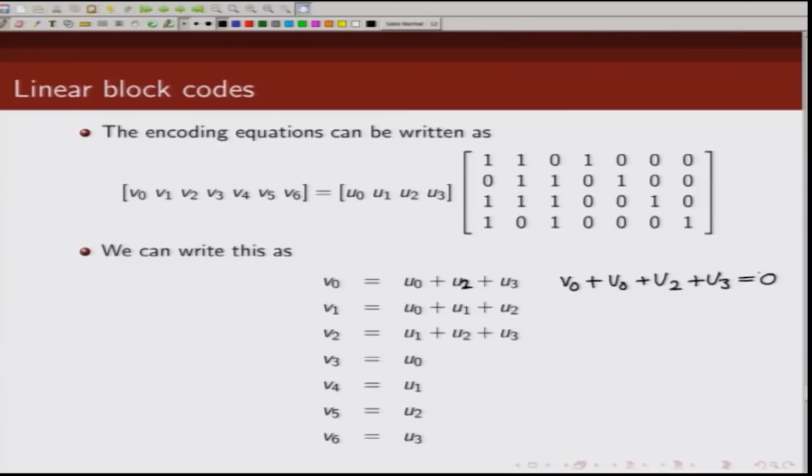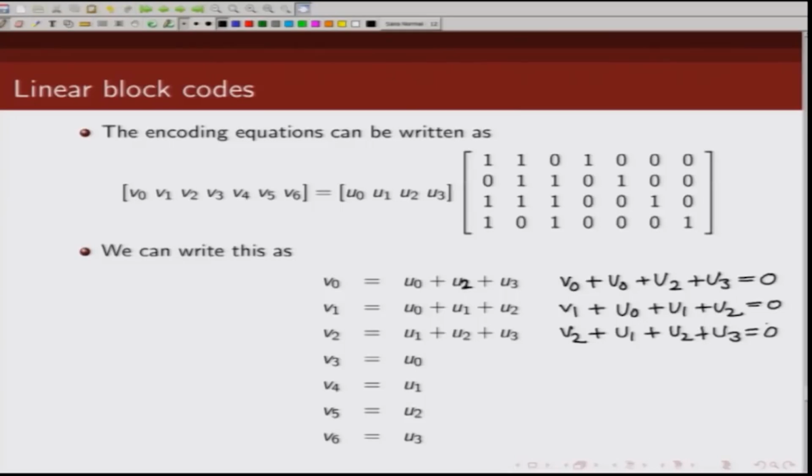So, if we add this to this, the modulo 2 sum will be 0. Similarly, we can write V1 plus U0 plus U1 plus U2 equal to 0, and this can be written as V2 plus U1 plus U2 plus U3 is equal to 0.